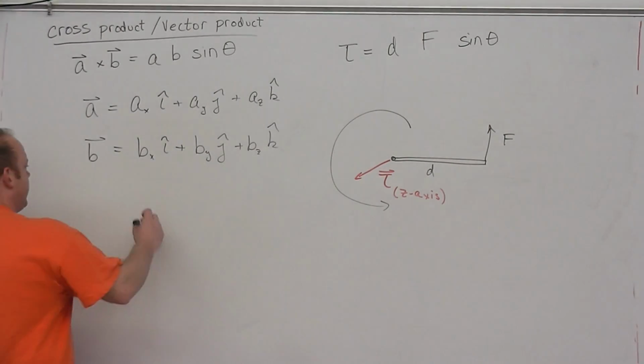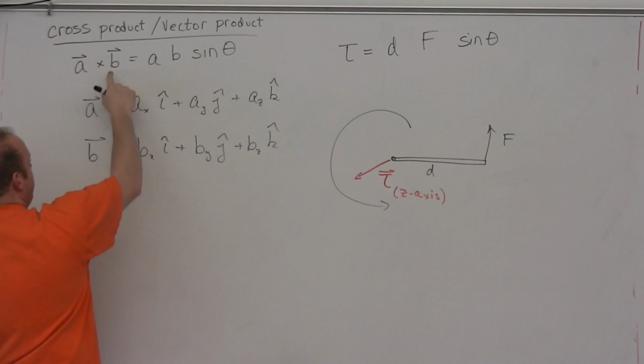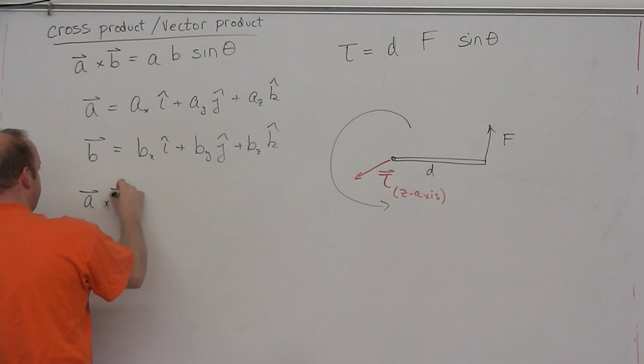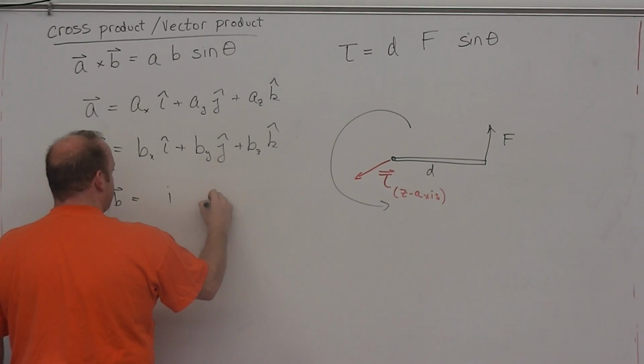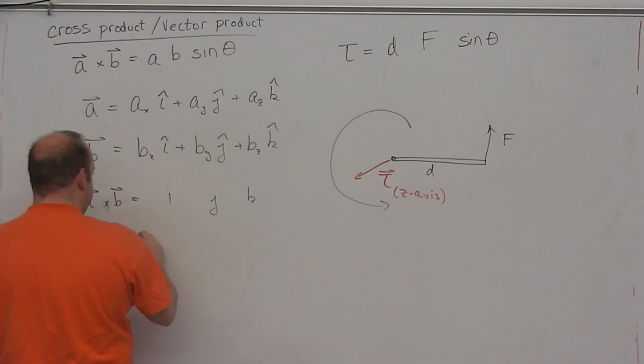The way that I set this up, I say, all right, if I want to do A cross B, I'm going to write I, J, K, and write in what my components are.